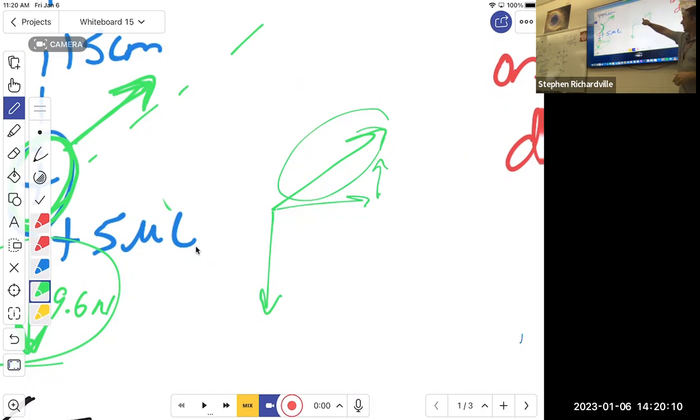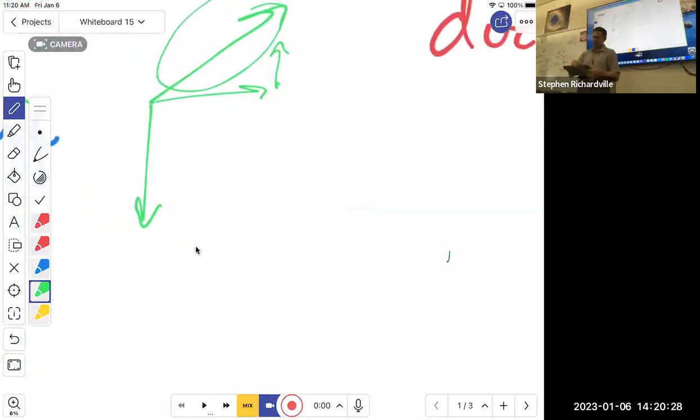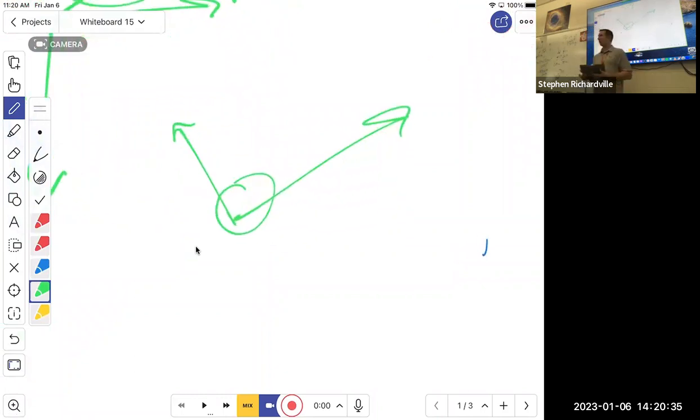If I get this one, I could break it up into cosine and sine as long as I had an angle. Then I could subtract these two. I've got one horizontal and then put it back together. Do you remember that back in the day? Like, what if I had two vectors like this, and I wanted to put those two together, and this is not 90 degrees? What would I do with those two vectors?